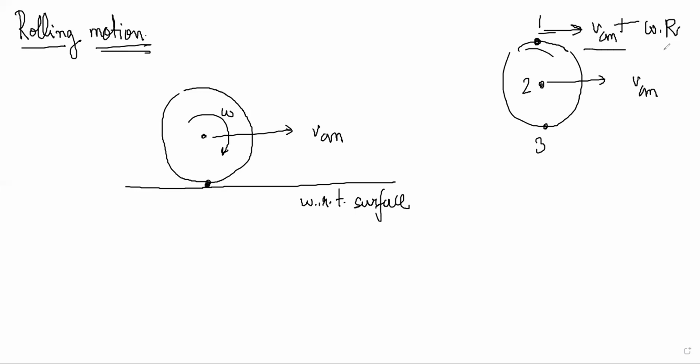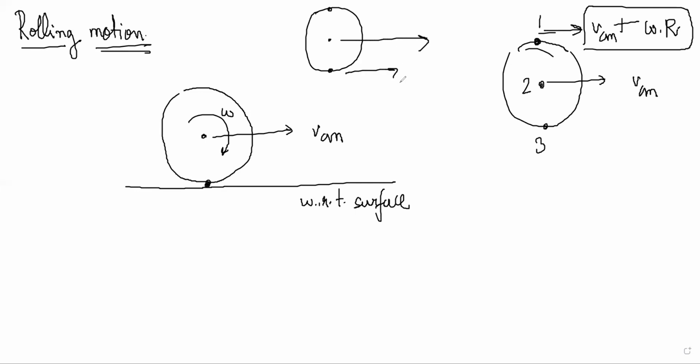Because in a pure translating situation, there are no rotations, and every particle on the body acquires V_CM anyway. That is still there, but now there is a rotation also, so it will be added there. This velocity will be V_CM minus omega r, depending on whether this is bigger or this is bigger. That decides whether the arrow is this side or this side.